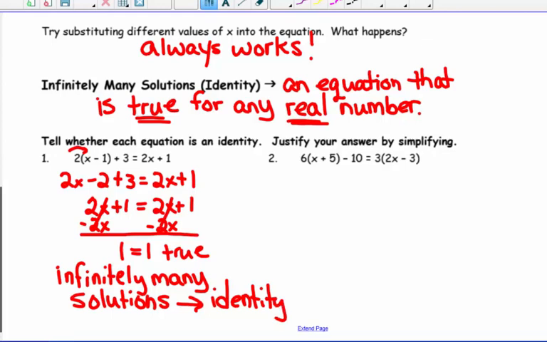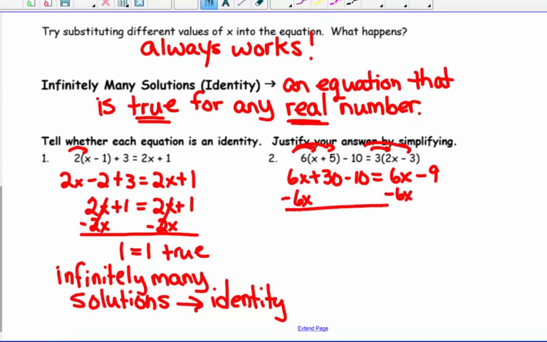And the last one here, 6 times x, 6x plus 30 minus 10 equals 3 times 2x is 6x minus 9. 30 minus 10 is 20. So when I subtract the 6x's, I already put my 30 minus 10 together, I get 20. 20 equals -9?